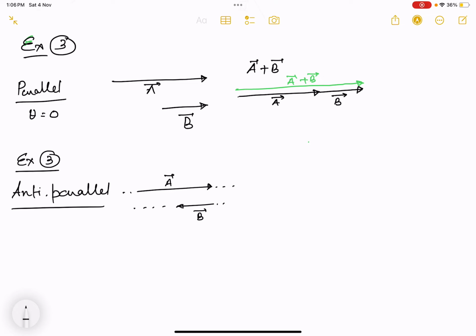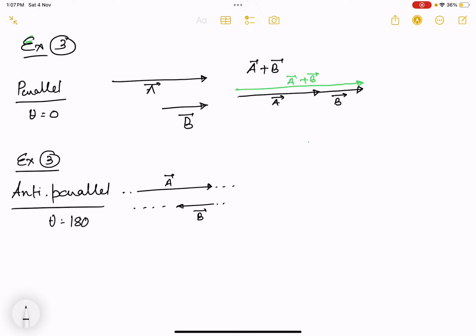What is the angle between the two vectors if they are anti-parallel? 90 is this way. Parallel is this way. 180. So theta here is 180. How do I add the two? Rules remain the same.